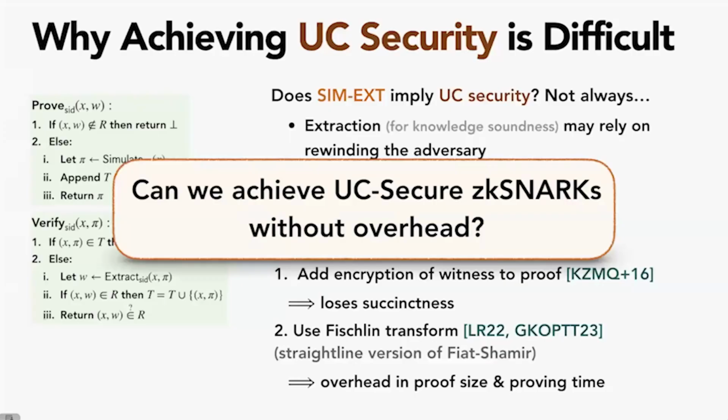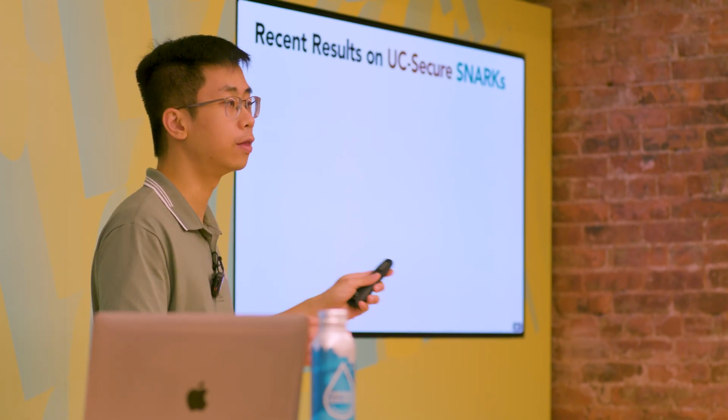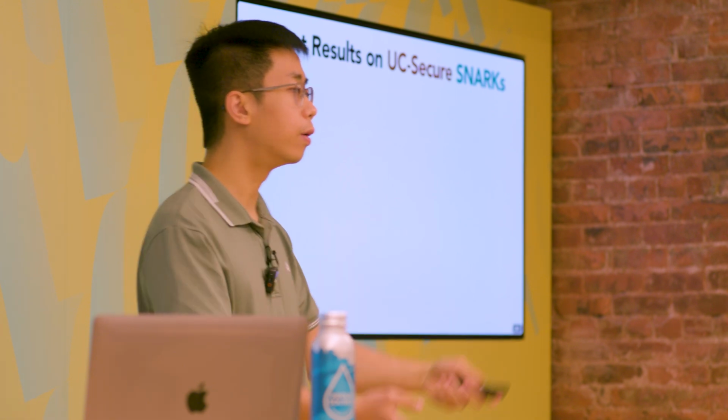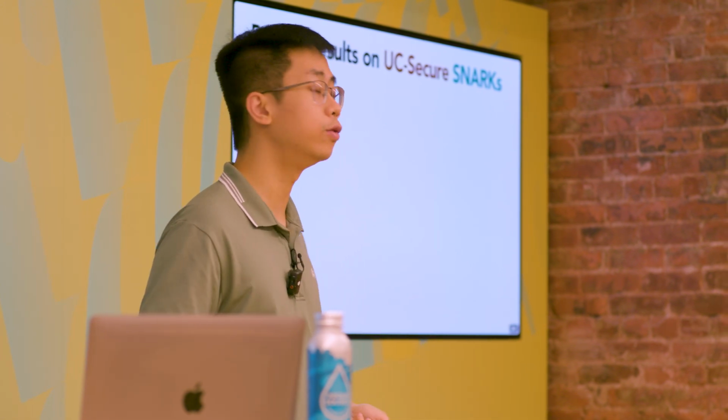So what is really interesting to us is can we actually get UC secure SNARKs without any overheads? Two recent works show that for certain classes of SNARKs, you can have UC security without any overhead. Literally the original construction is already UC secure.